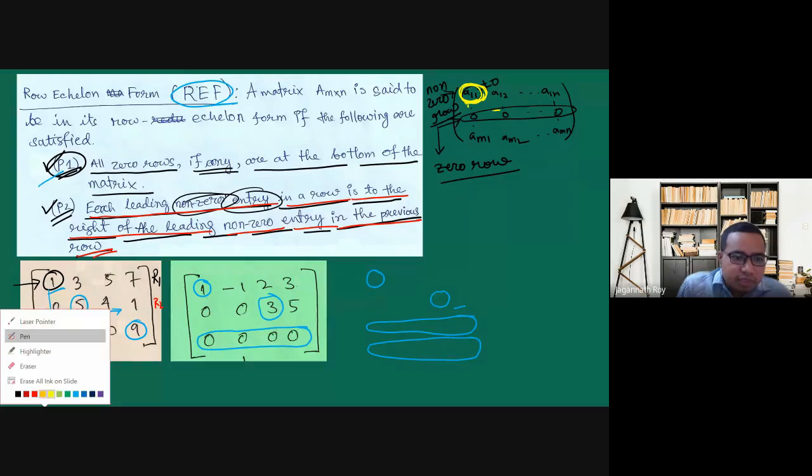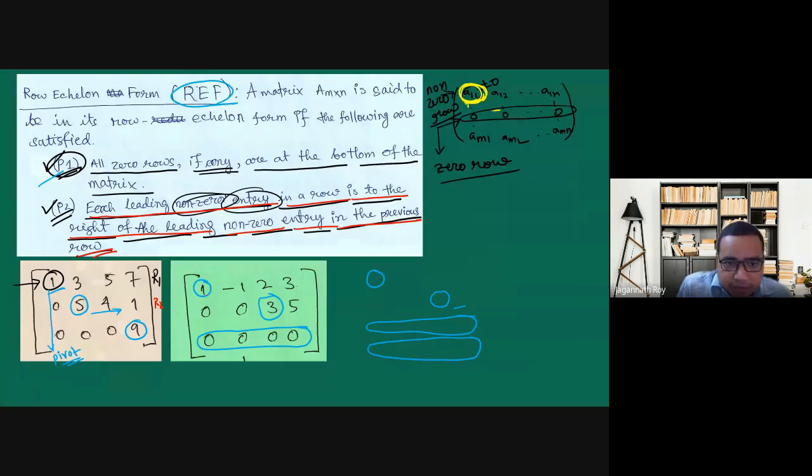Look at these examples. The first row we do not bother about. If A11 is non-zero, the leading entry is non-zero, then we don't have to bother about it because it does not have any previous row.